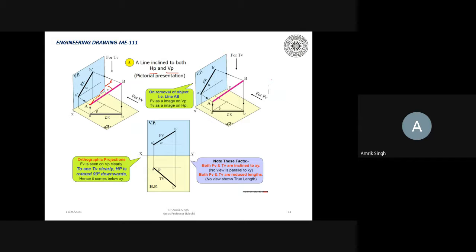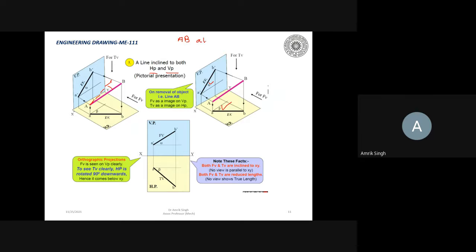Okay. So in this case, we will use angle alpha and beta instead of theta, because the image which is formed is a projection. It is not the actual image. Okay? The projection of the actual length AB will be A dash B dash.